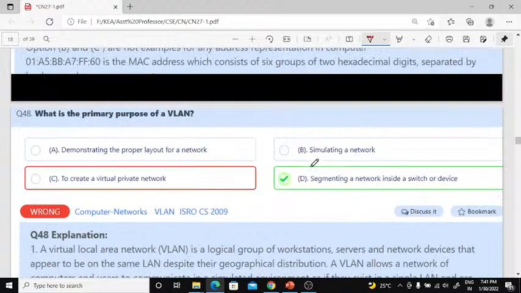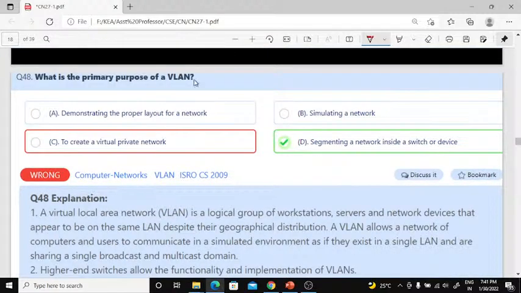Then what is the primary purpose of a virtual local area network? A virtual local area network is a logical group of workstations, servers, and network devices that appear to be on the same local area network despite their geographical distribution.